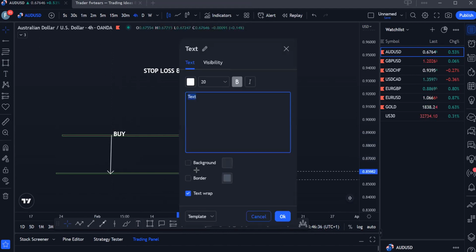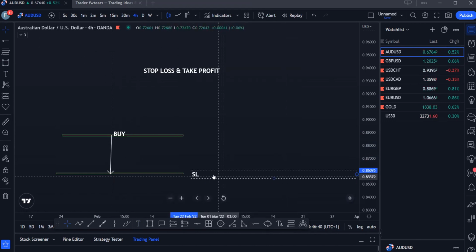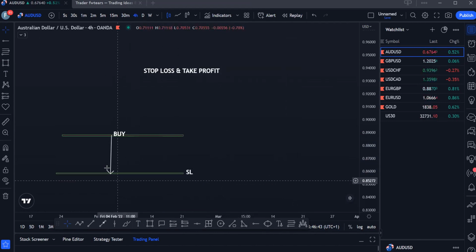So that is the maximum that you are going to lose. Stop loss, SL. So a stop loss minimizes your loss so that you don't lose all of your capital.